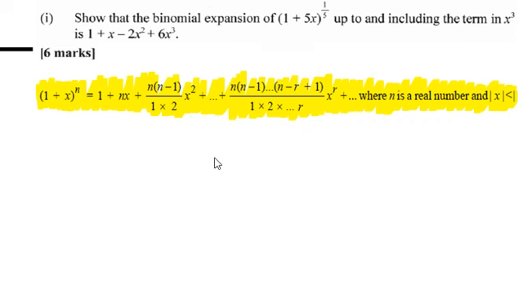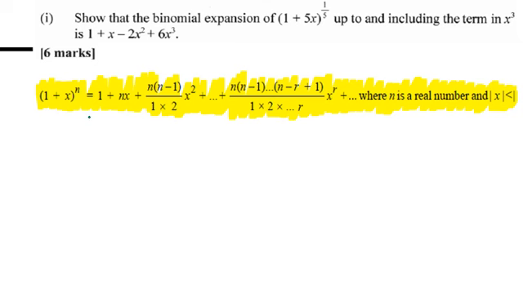So let's look at the formula. It starts with 1 plus n times the x term plus n times n minus 1 over 1 times 2, and then the x squared term. I can just fill in. Let me do one more before we look at the pattern.